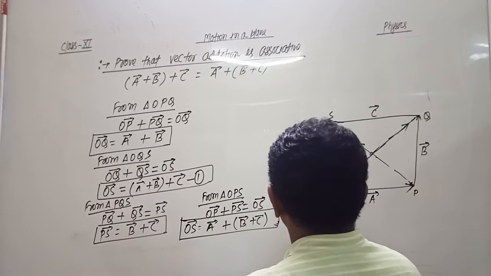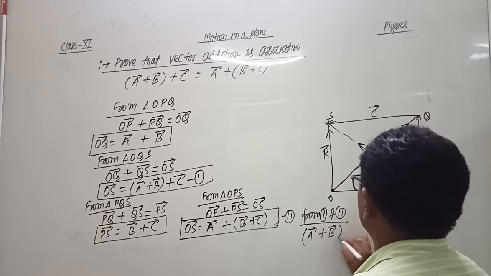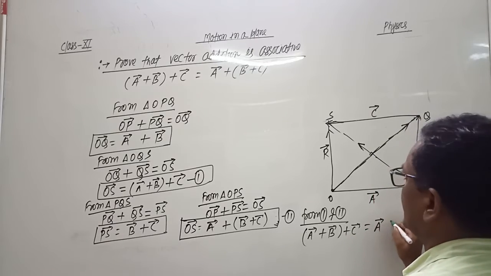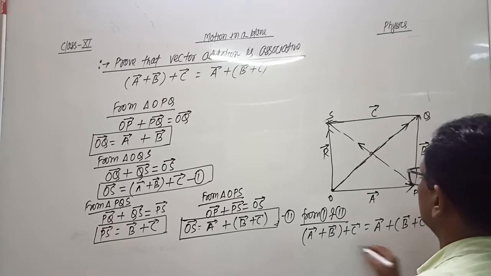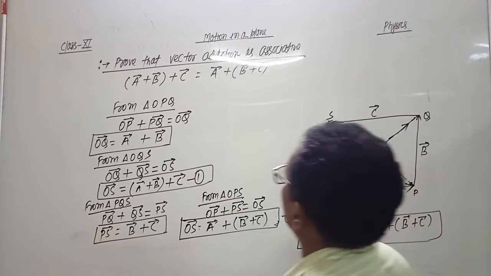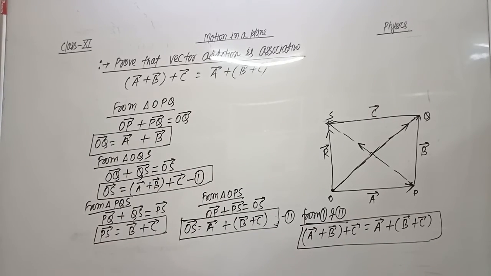So we can conclude that (vector A plus vector B) plus vector C equals vector A plus (vector B plus vector C). This proves the associative law of vector addition. Vector addition holds the associative law.